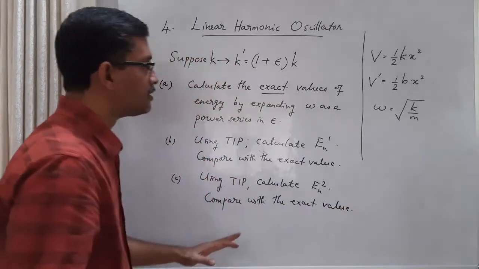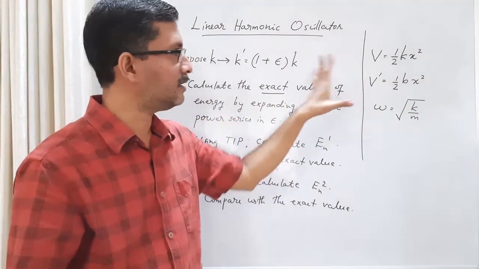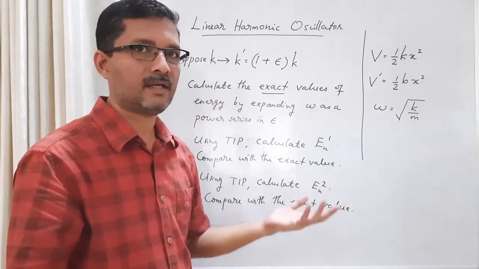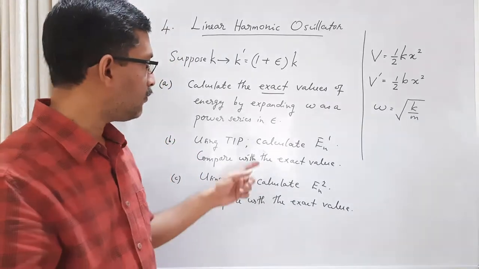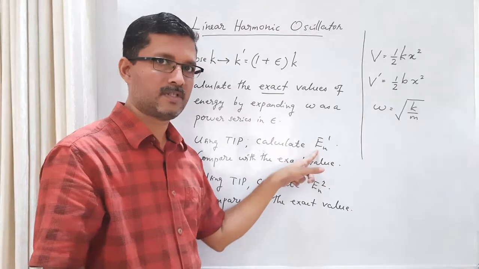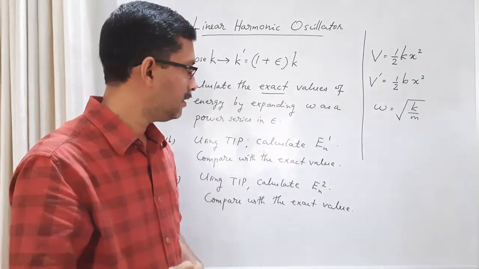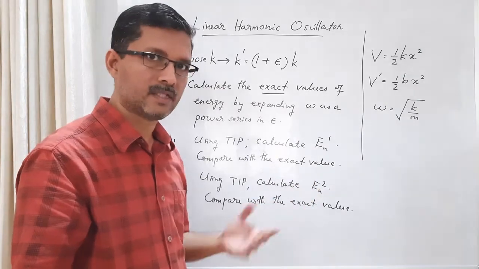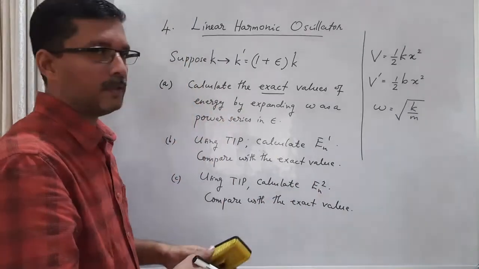Since this particular potential does not require perturbation theory, exact calculation is possible. Naturally, we should expect that whatever you obtain by the approximation method should match the exact method here and here. Okay, let us see whether it happens. So let us do the first part.